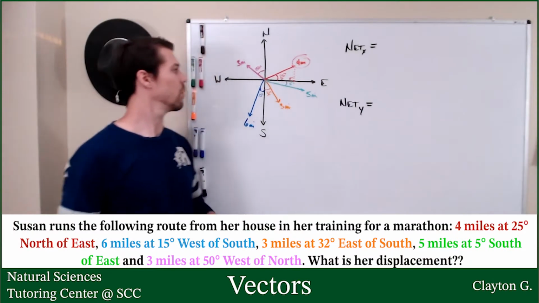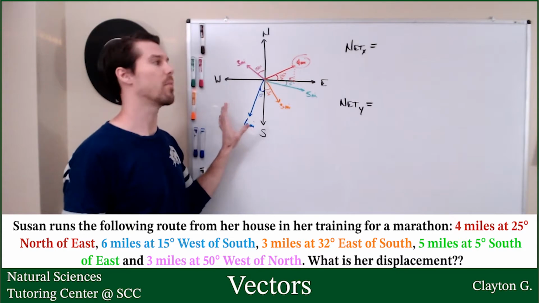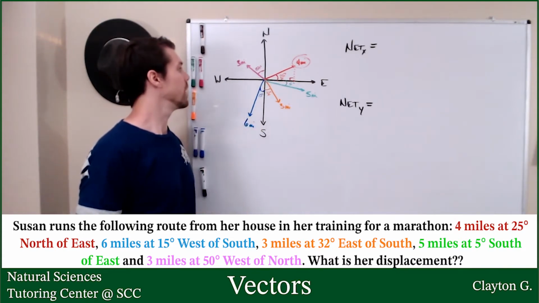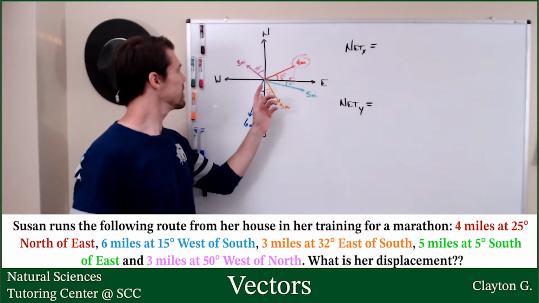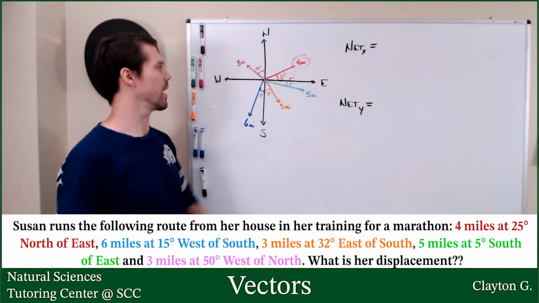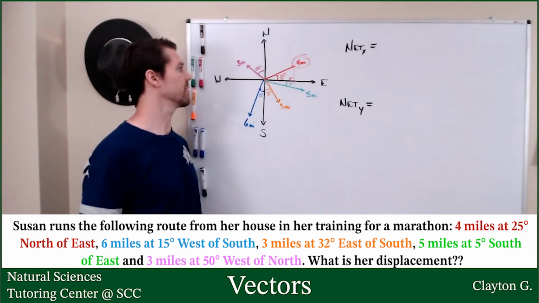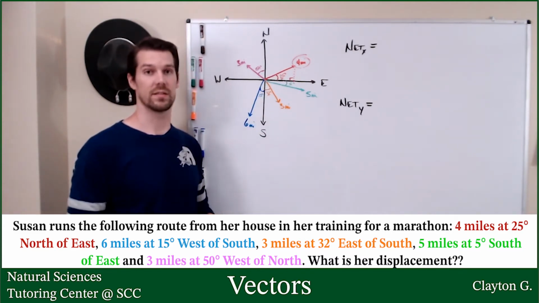Welcome back. So as you can see, I have drawn the diagram of all of these vectors. Just a couple things to note here. The angles as described, I just want to make sure that we're drawing these correctly, right? This red one was 4 miles at 25 degrees north of east.